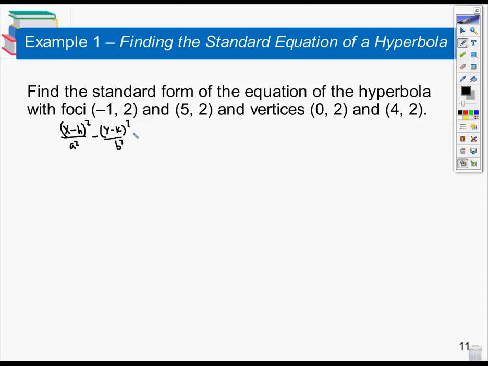And again, the a and b might switch depending on which way the axis is going, and that's going to equal 1.